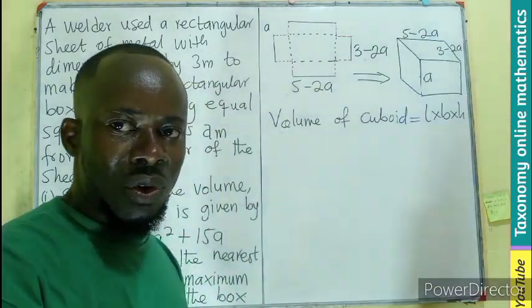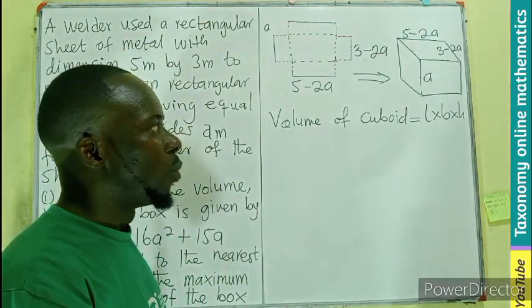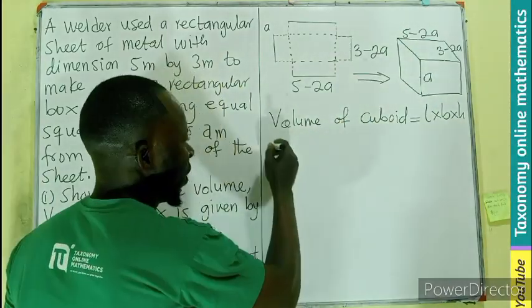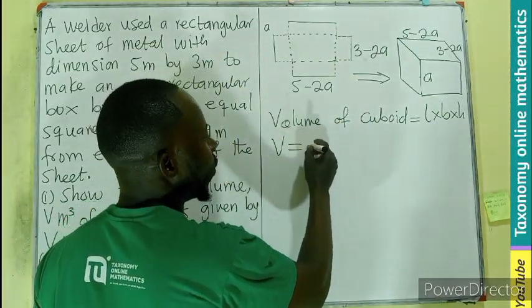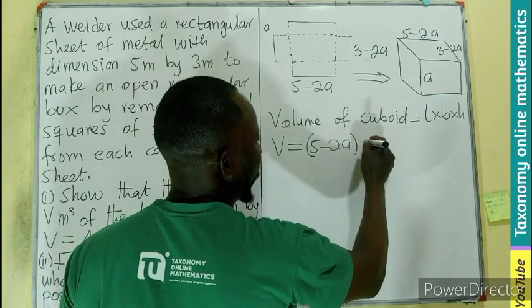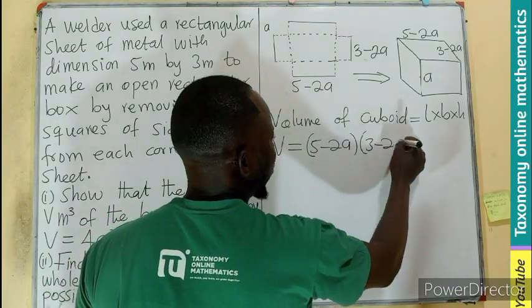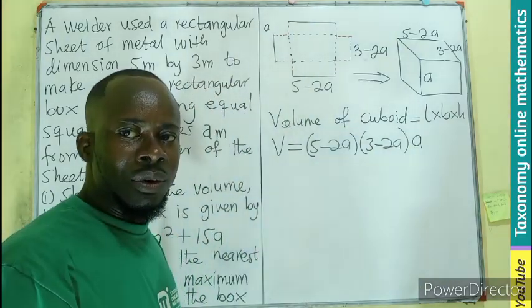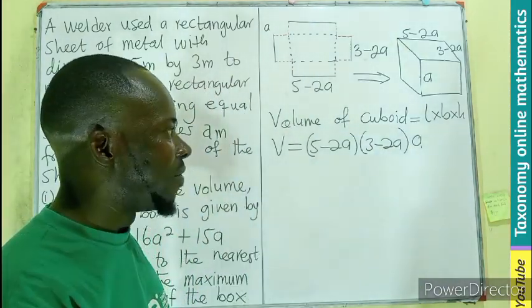Height. That is the known formula we use to find the volume of a cuboid. But in this case, it has its own dimension. So the volume will be equal to 5 minus 2a as the length, times the breadth as 3 minus 2a, times what? The height. We are taking the length, the breadth, and the height.